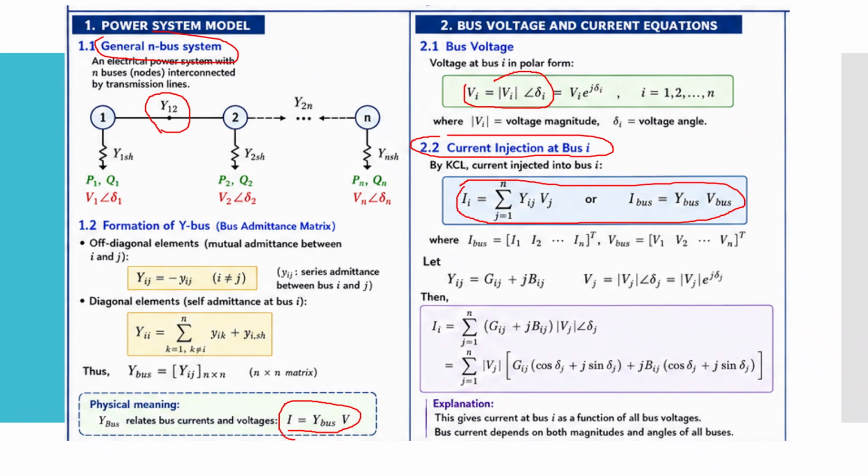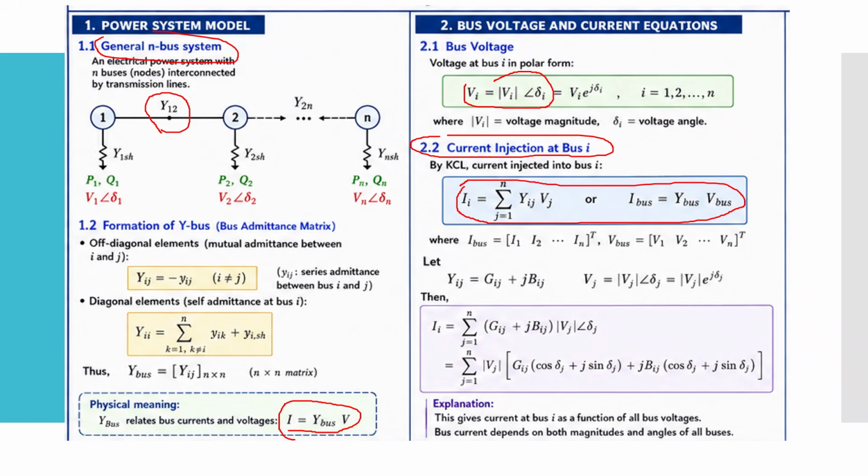So when we say I bus, for n buses we have different buses. So I bus is taken as the transpose of I1 up to In, represented as I bus, whereas V bus is also V1, V2 up to Vn transpose.